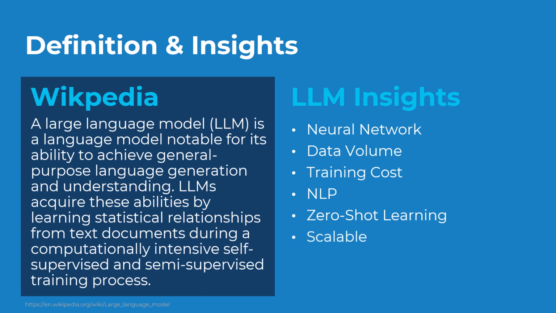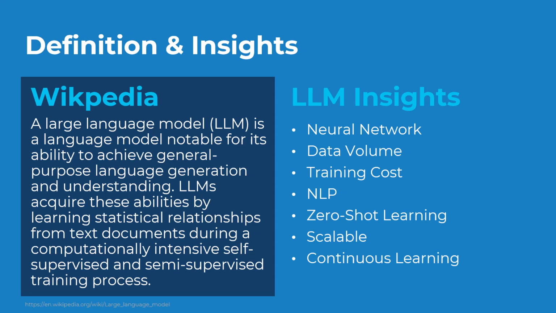Scalability is a key feature, allowing LLMs to handle increasing amounts of data and more complex tasks without compromising performance. While traditionally models are static post-training, the concept of continuous learning aims to update and improve LLMs as they are exposed to new information over time.